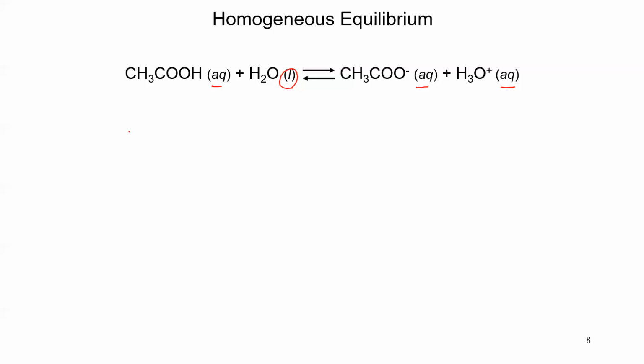And so because of that, well, if we looked at Kc, Kc would be equal to, again, products over reactants, CH3COO minus, H3O plus, divided by CH3COOH times H2O.